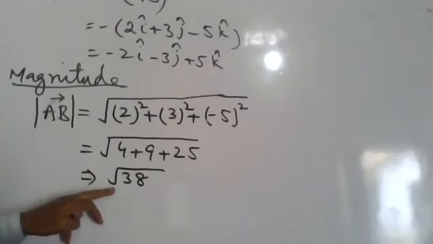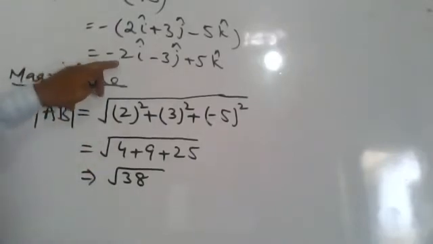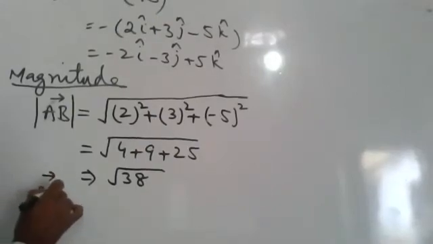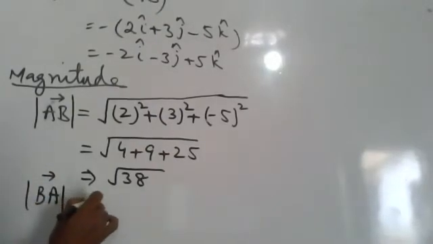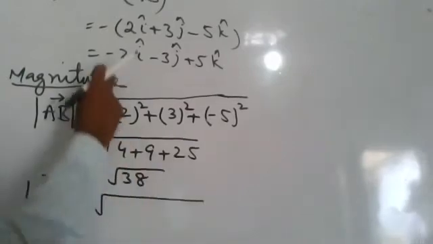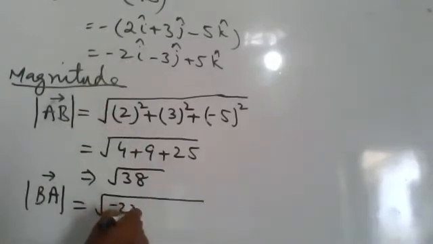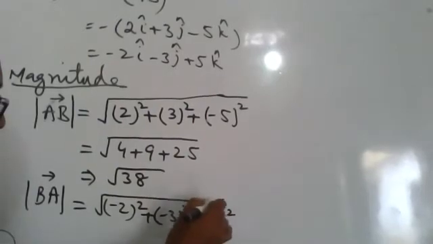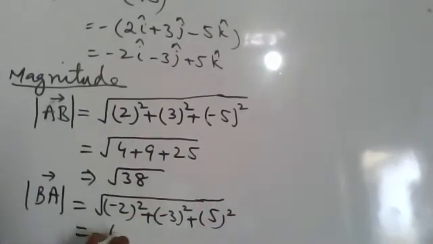In the same way, if you find the magnitude of BA, that will become under root of minus 2 square plus minus 3 square plus 5 square. It will become 4 plus 9 plus 25.